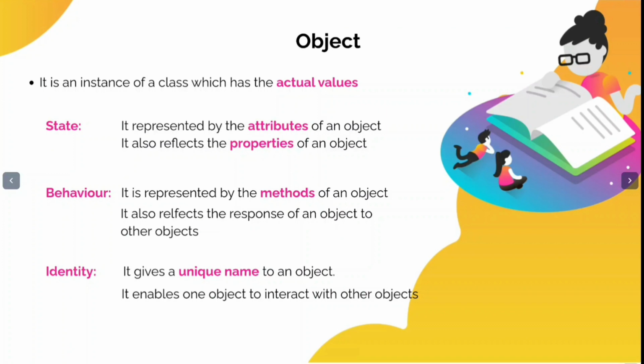It gives us the properties of that object. Behavior is represented by the methods of the object. It also reflects the response of the object to the other objects. Identity gives a unique name to the object. It enables one object to interact with the other objects.